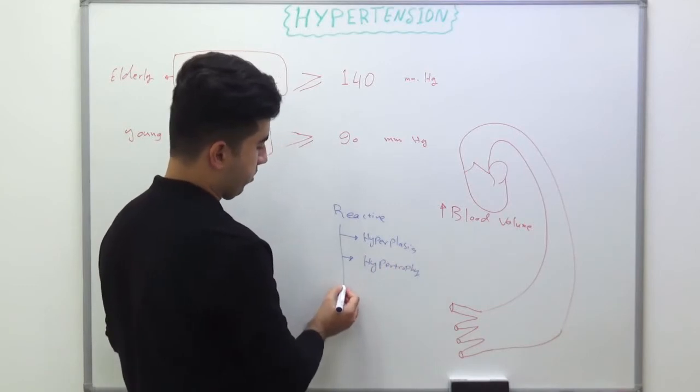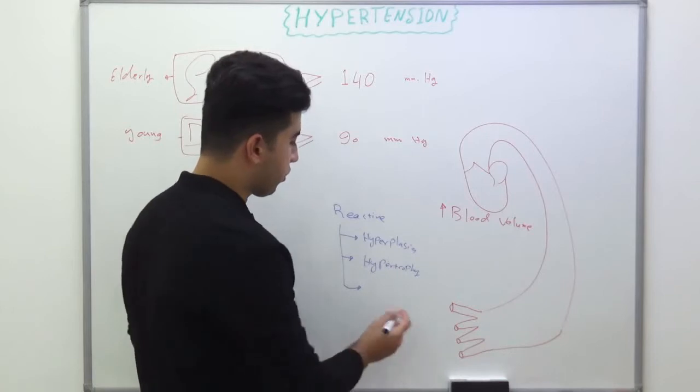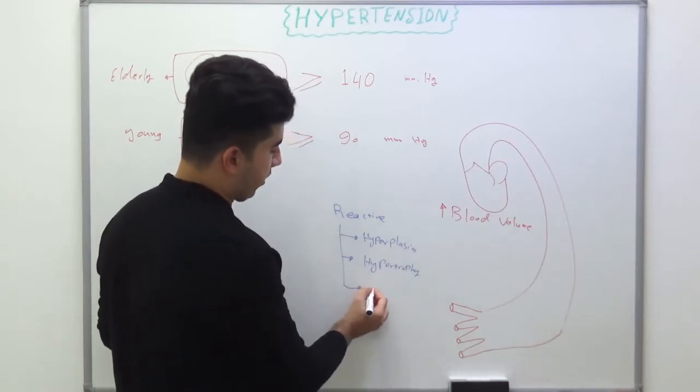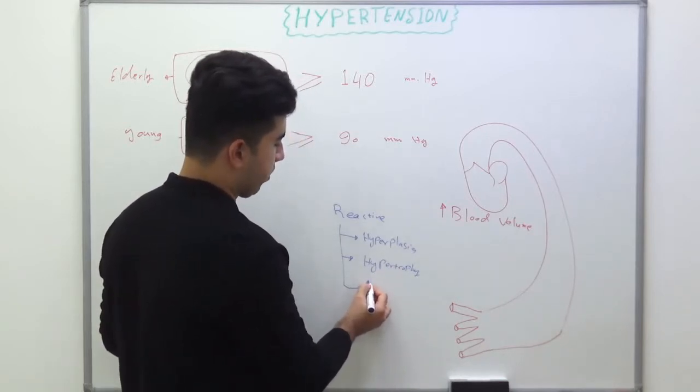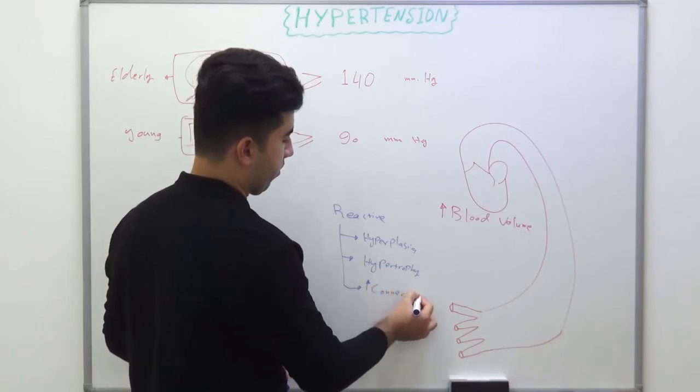And of course, development of or increase in the connective tissue in the arterioles. Increase what? Connective tissue.